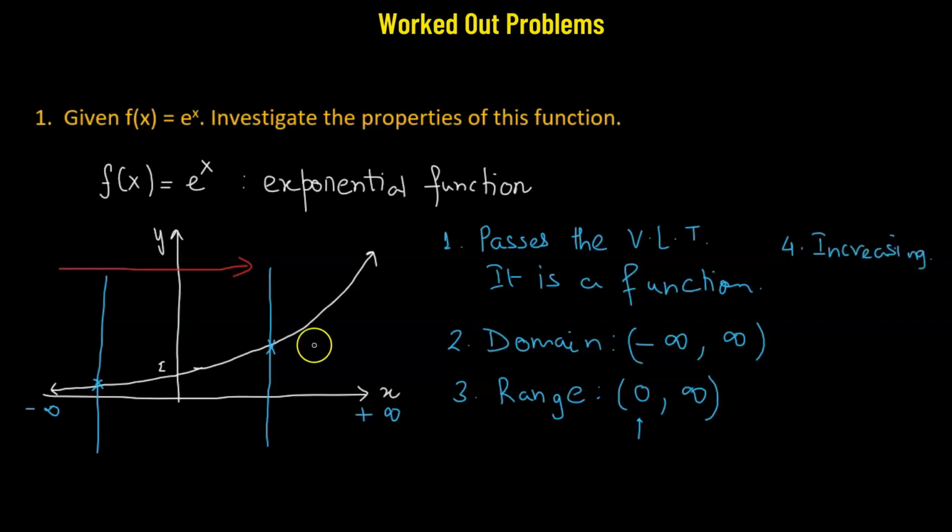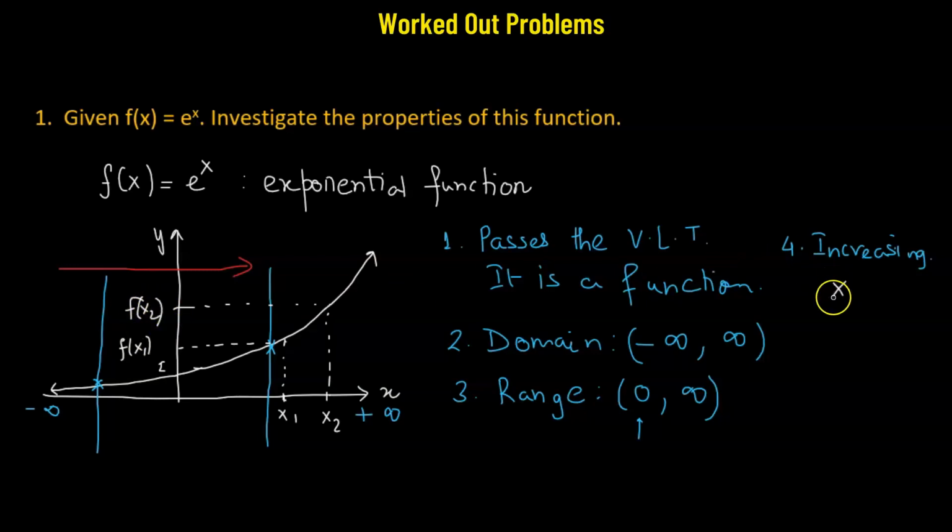There is a mathematical way to check whether this particular function is increasing or not. All we have to do is consider two x values on this graph, x1 and x2. For each x value, we have to find its corresponding y value, so f of x1 and f of x2.